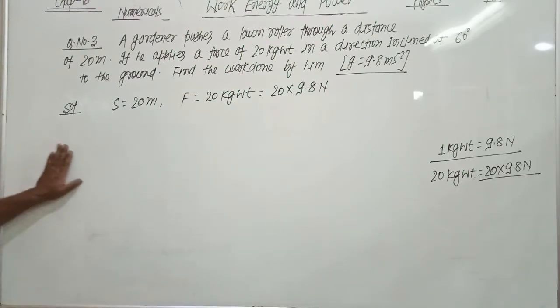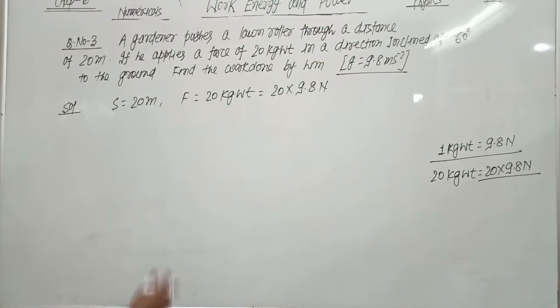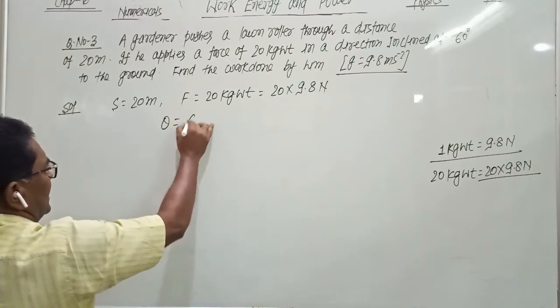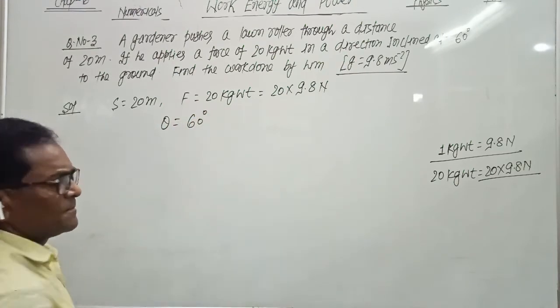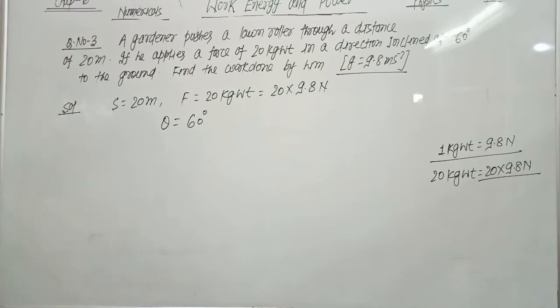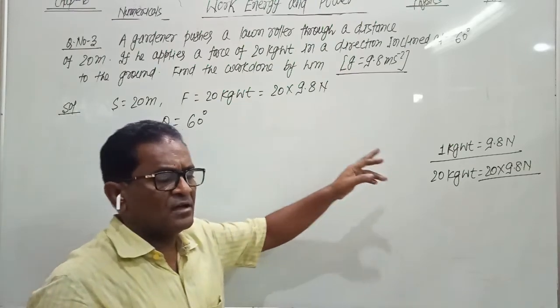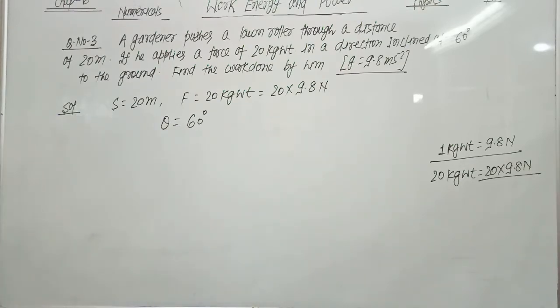And the direction is inclined at 60 degree to the horizontal. Theta is given 60 degree. So the horizontal component of force will be F cos theta, means F cos 60 degree.